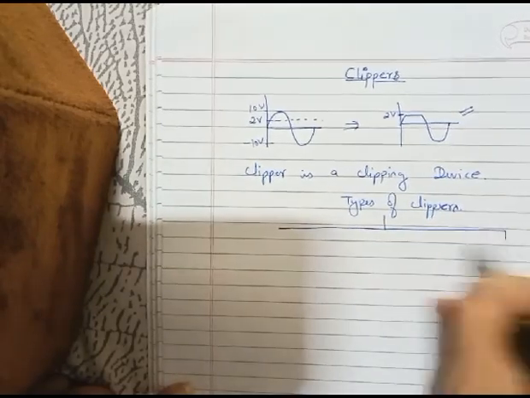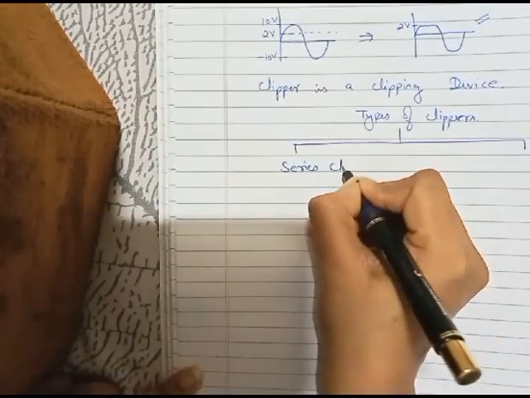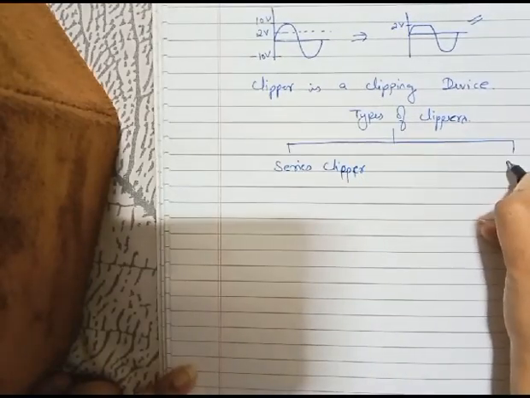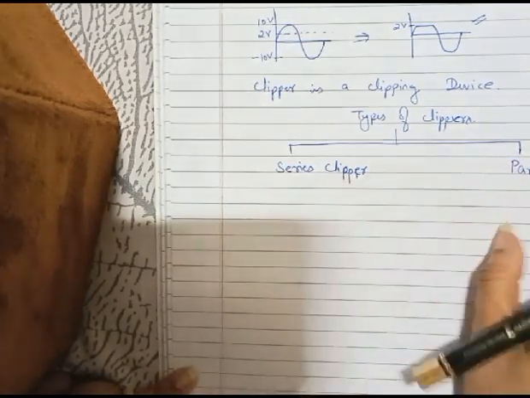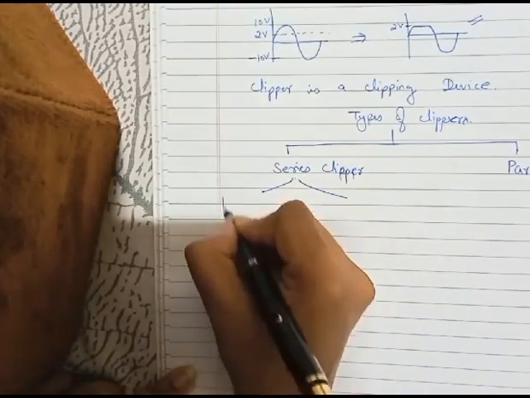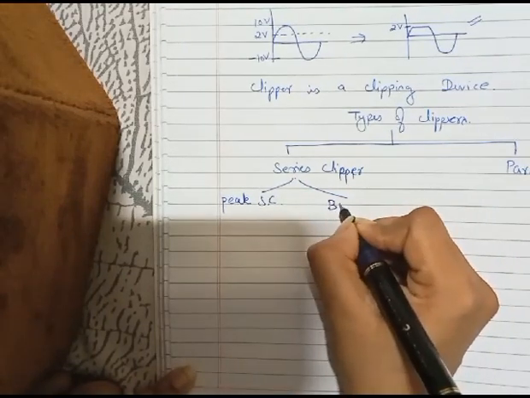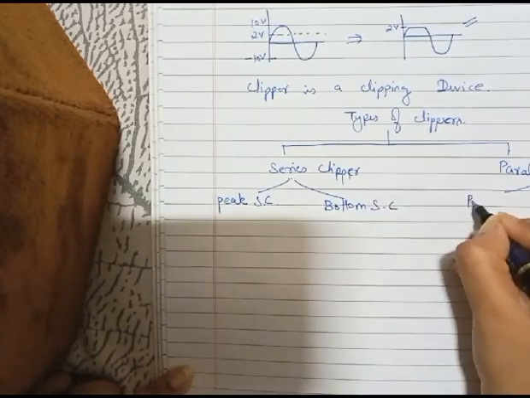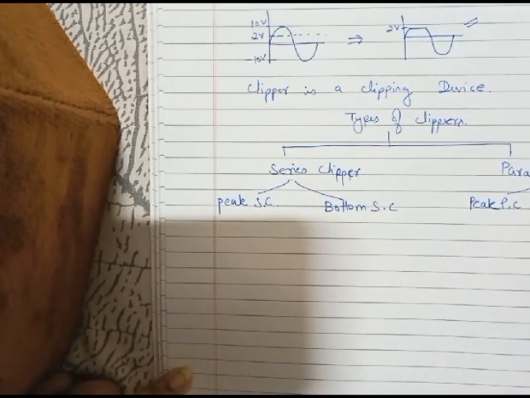There are basically two types of clippers: first, the series clipper, and second, the parallel clipper. Now the series clipper has two types, the peak series clipper and the bottom series clipper. Similarly, the parallel clipper has the peak parallel clipper and the bottom parallel clipper.